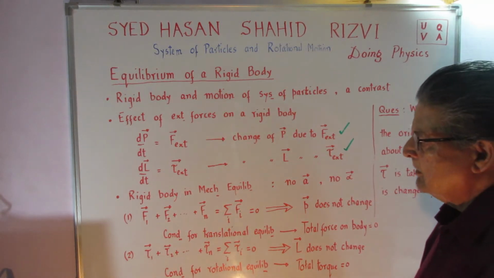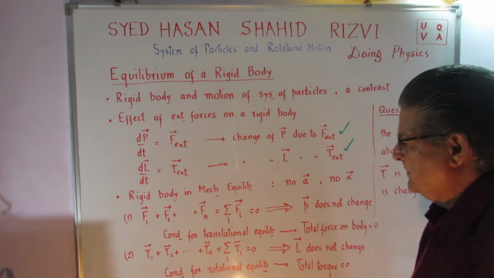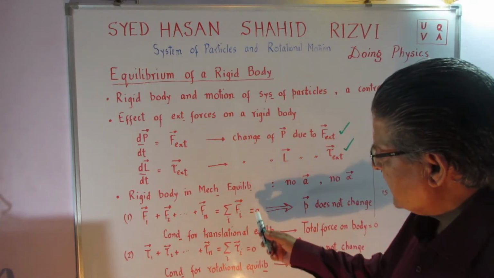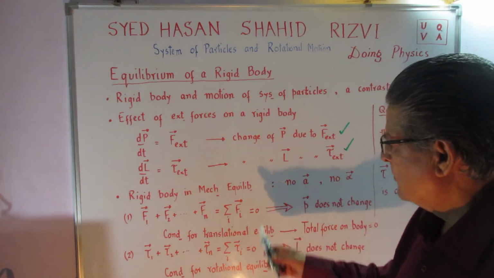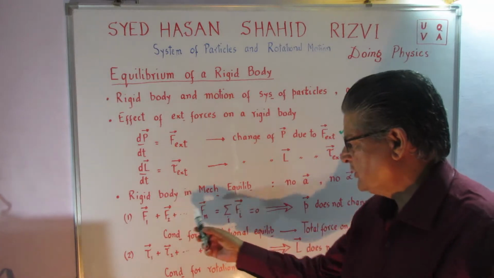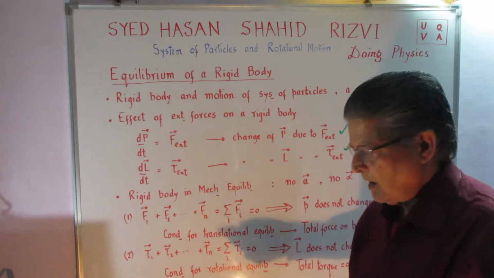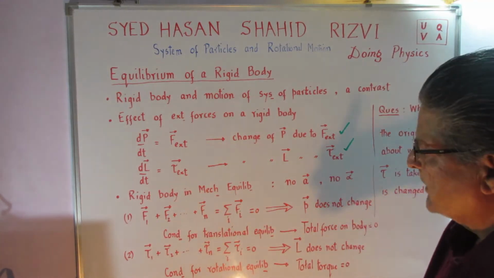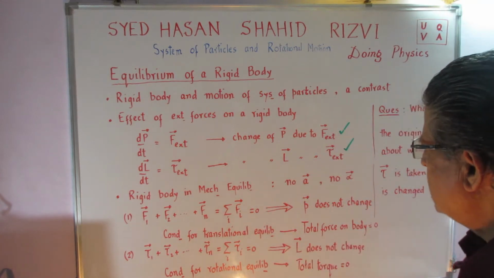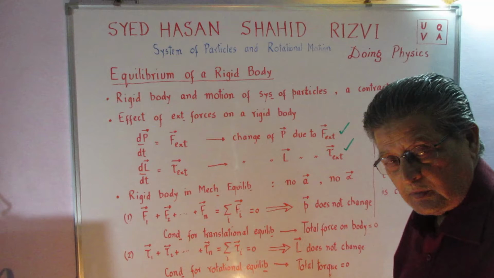Now, to make it more vivid, let me write again that the total sum of all the forces on the system, F1 plus F2 plus Fn, equal to sigma Fi, is equal to 0.